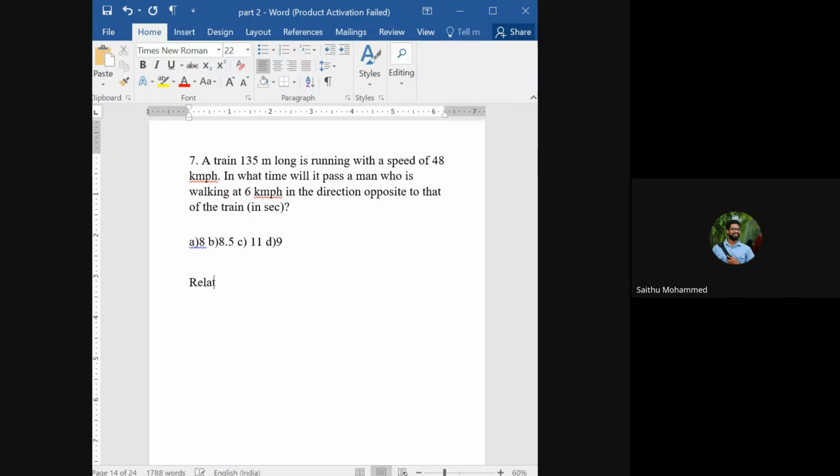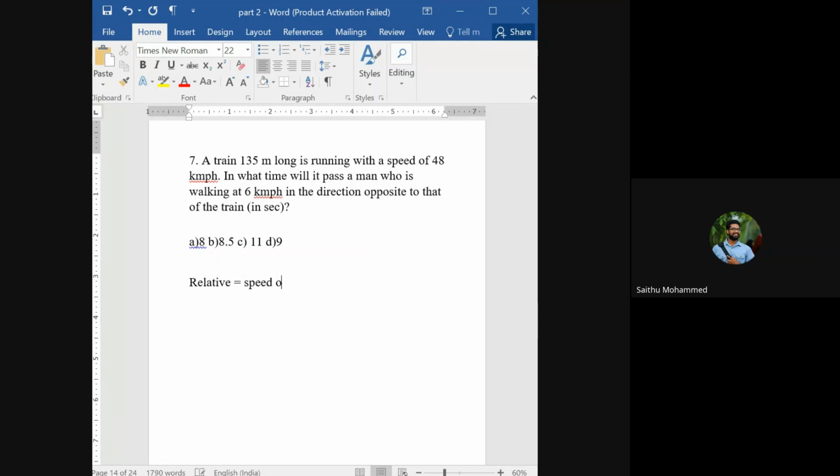Keep this in mind when one object is going towards one side and the other is coming towards the opposite side. You need to consider the relative speed. It is nothing of rocket science; it is just the speed of the first object plus the speed of the second object.